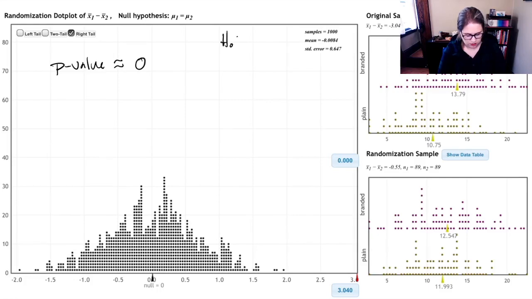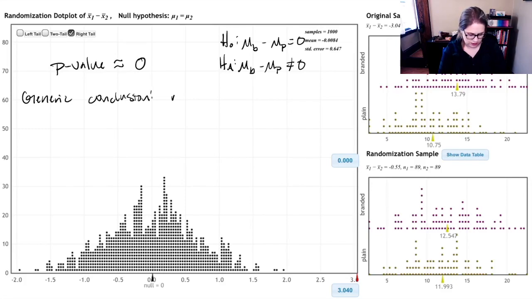Our null and alternative hypotheses had been that mu for the branded tape minus mu for the plain tape was equal to 0, or mu b minus mu p is not equal to 0. My generic conclusion is going to be to reject the null hypothesis.